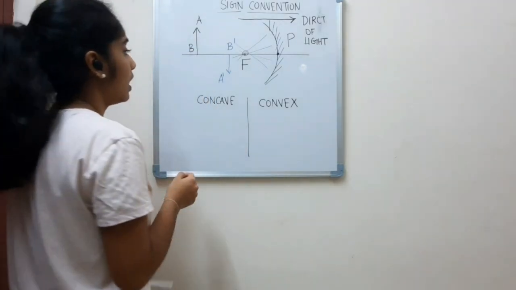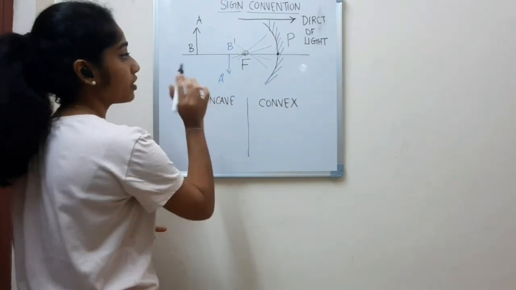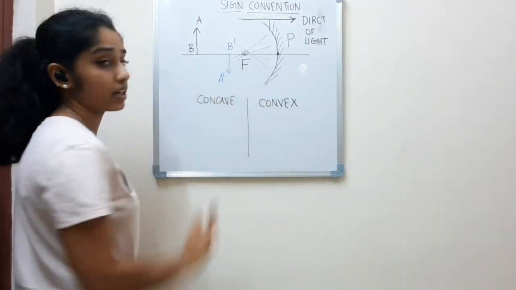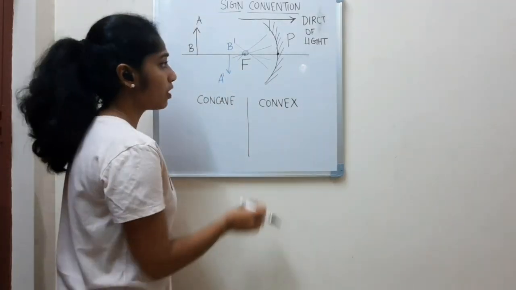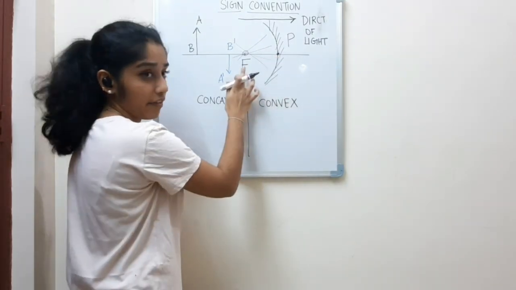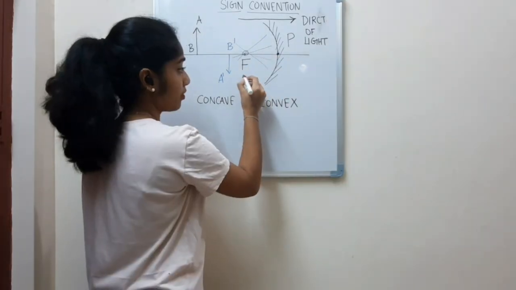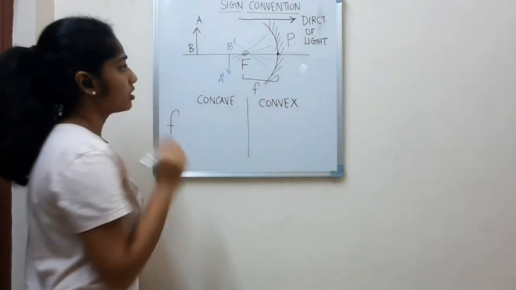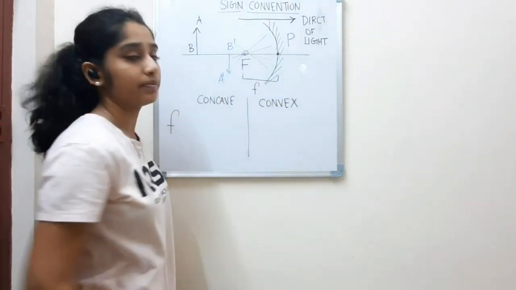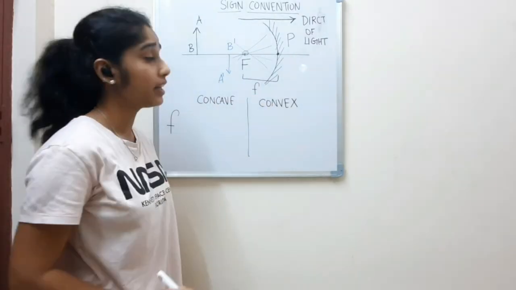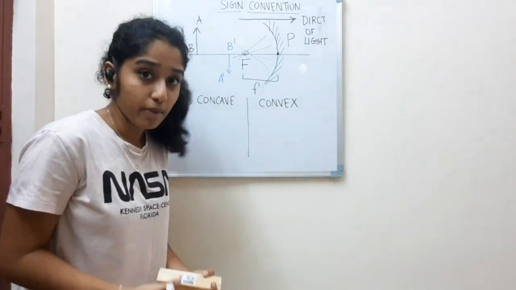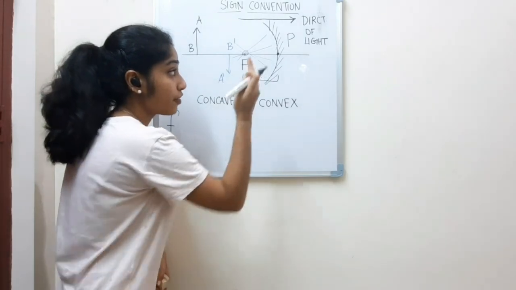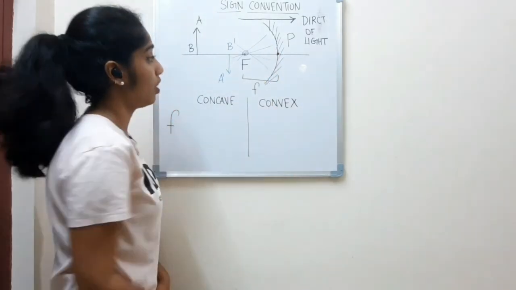So let's say you want to measure the focal length of a concave mirror right here. So the focal length is the distance between P and F, right? The pole and the principal focus. So you want to measure F, the small f, right? Any distance you measure, you always measure it from the pole of the mirror, okay?